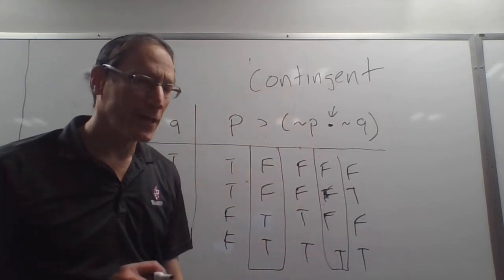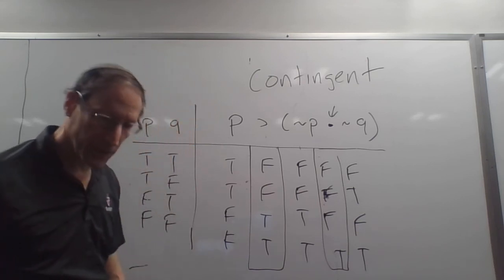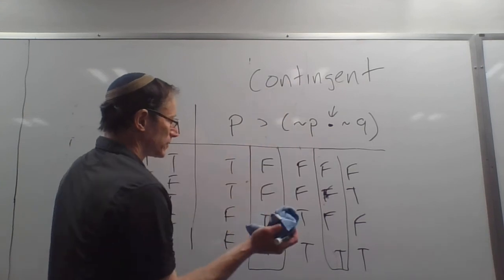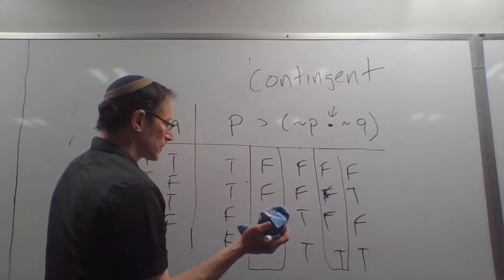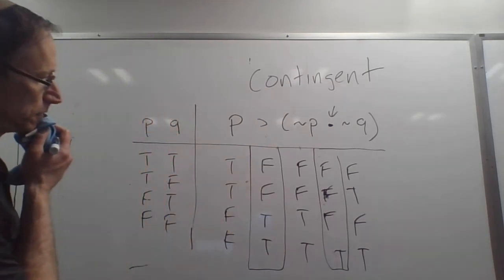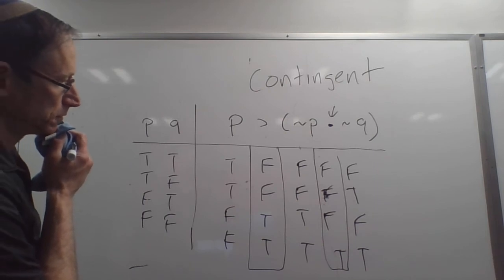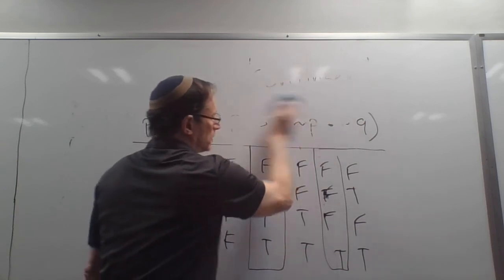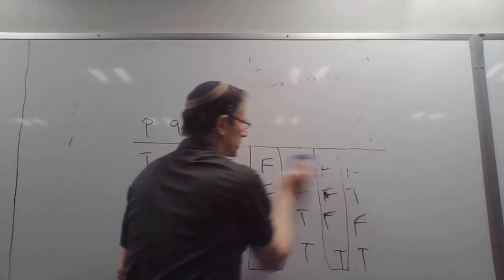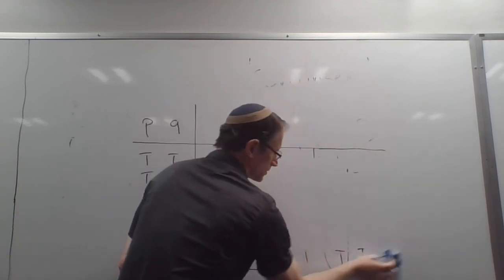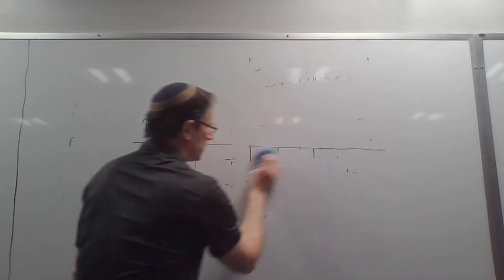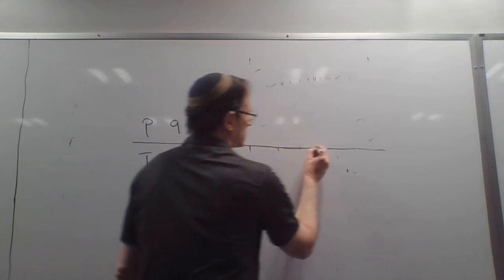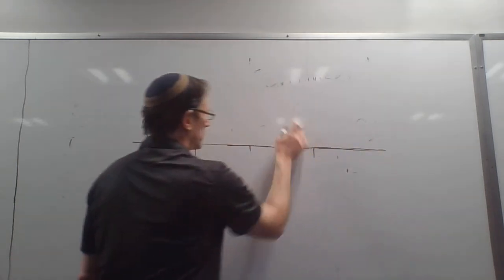I know what I was thinking of. I bet you, here's an example of a contradiction. Let me give you a different example of a contradiction. Let's do something a little more complicated.